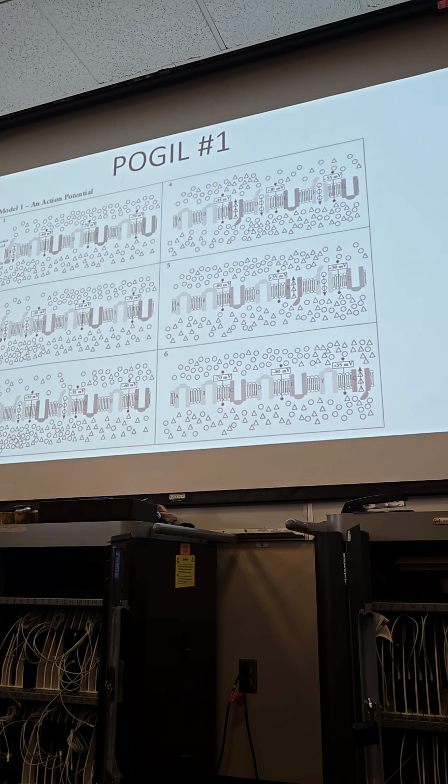Direction do sodium ions move through the voltage gated embedded protein? Down. What does the movement of sodium ions across the membrane do to the membrane potential near the open embedded protein?